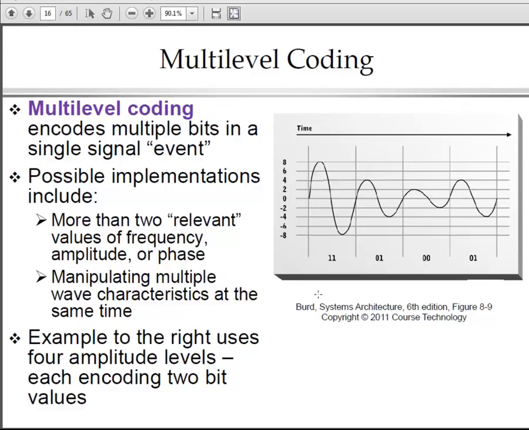The advantage of that, of course, was that it doubled the carrying capacity of the wave. At the same fixed frequency, this form of multi-level coding, at least in theory, could double data transmission rate.